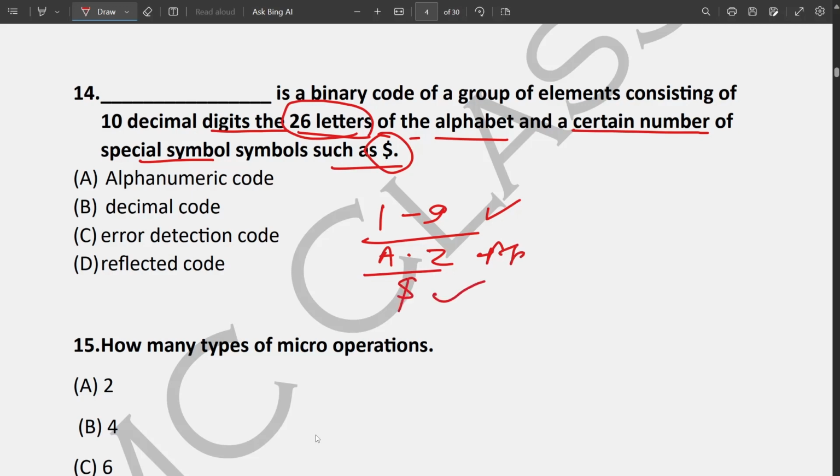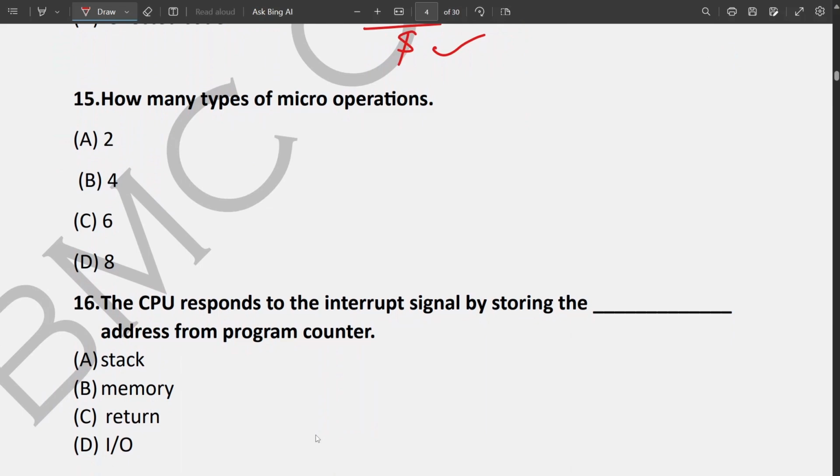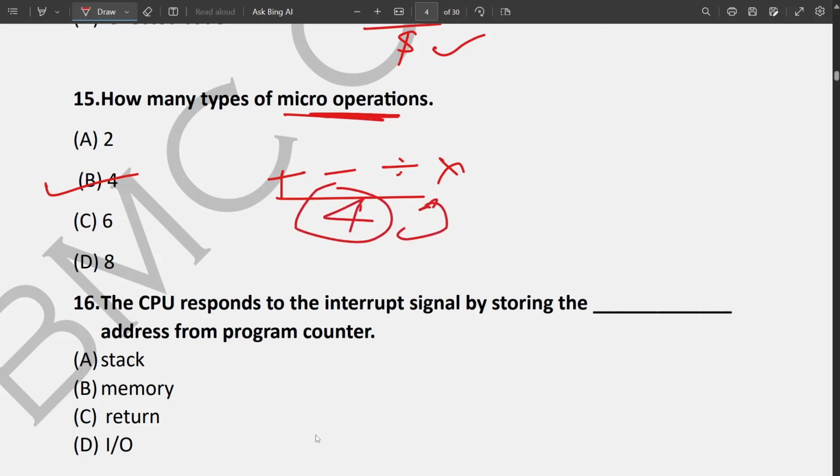That will be alphanumeric code, which contains alphabets and numerics. Next, how many types of micro operation? The answer will be 4. You can learn this like this: addition, subtraction, division and multiplication. So micro operations are also 4 like this.